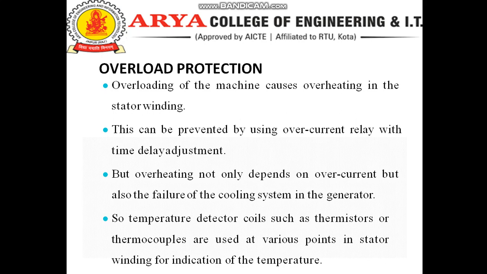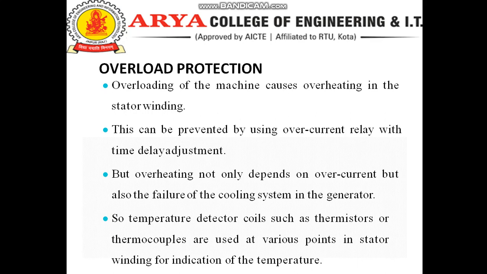Now in this slide we discuss the overload protection. Overloading of the machine causes overheating in the stator winding. This can be prevented by using an overcurrent relay with time delay adjustment. But overheating depends not only on overcurrent but also on failure of the cooling system in the generator.